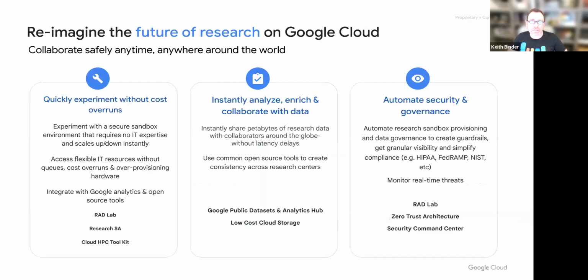And just to expand upon that, we allow you to quickly iterate and experiment without cost overruns. We have some foundational blueprints in our open source community called RadLab that are defined environments that you can spin up, such as a bioinformatics platform.